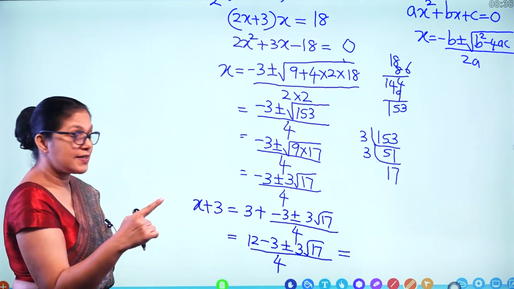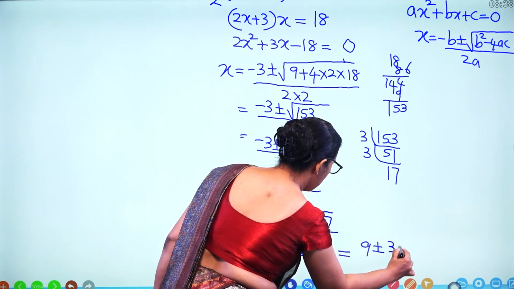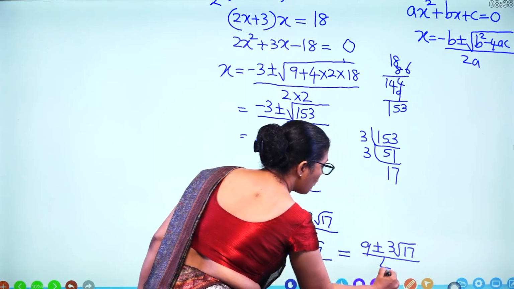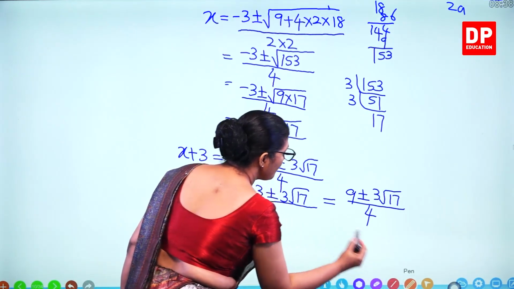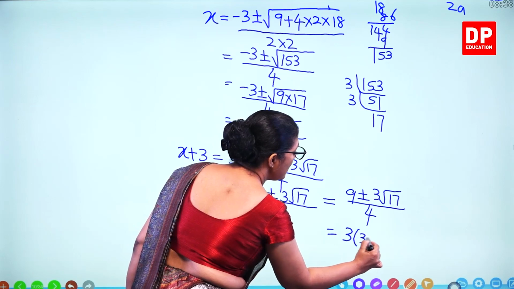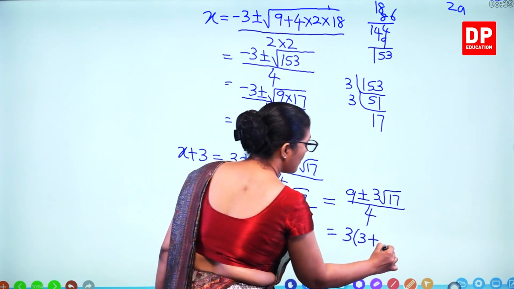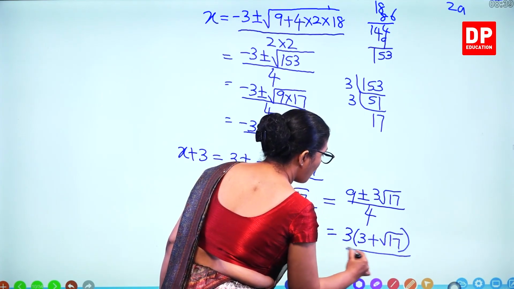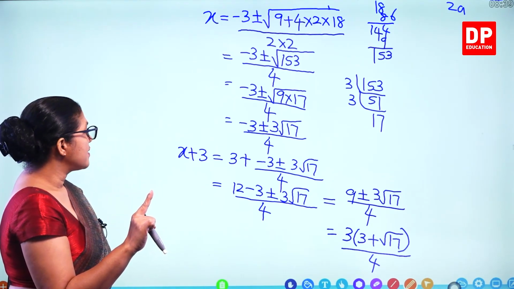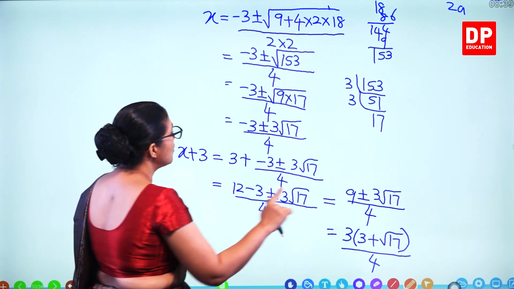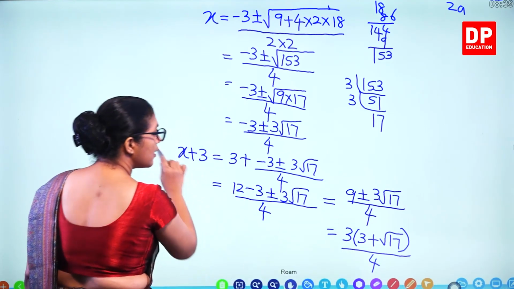So you get 12 minus 3, 9, plus or minus 3 root 17 over 4. So you can take 3 out from that. Take 3 out, you get 3 times 3 plus root 17 over 4. Don't take the negative answer, SR should be positive. So I'm taking only the positive answer. So that's what it's given.